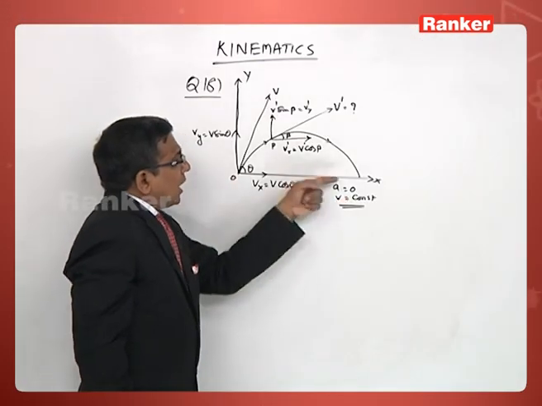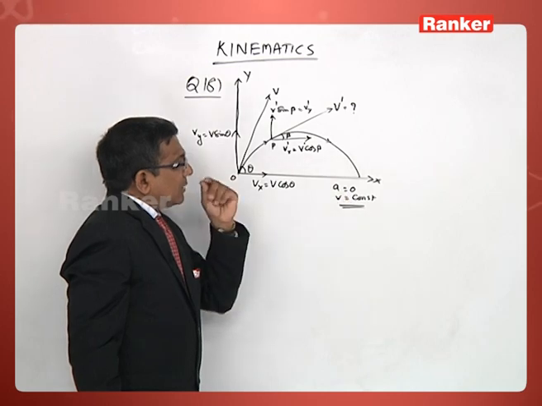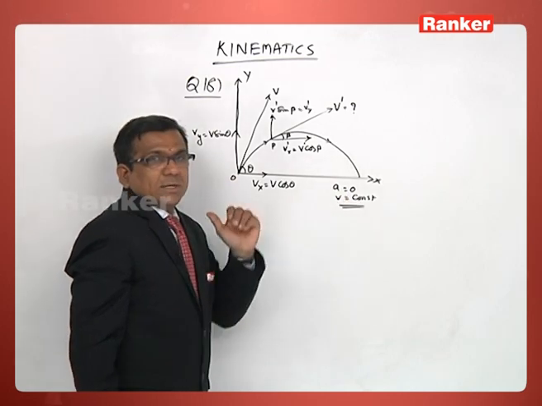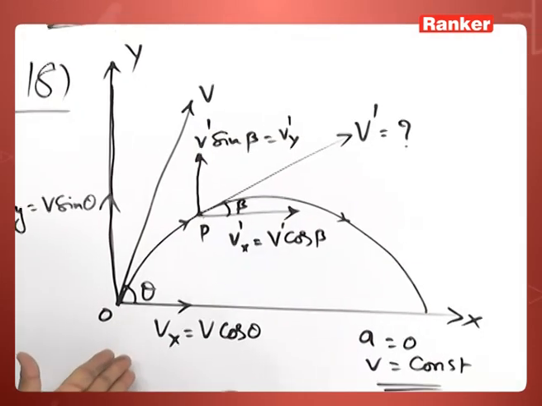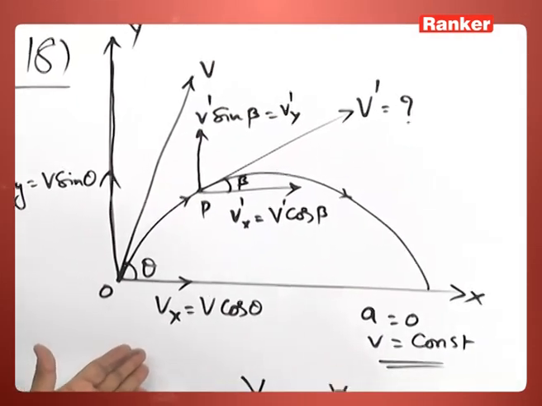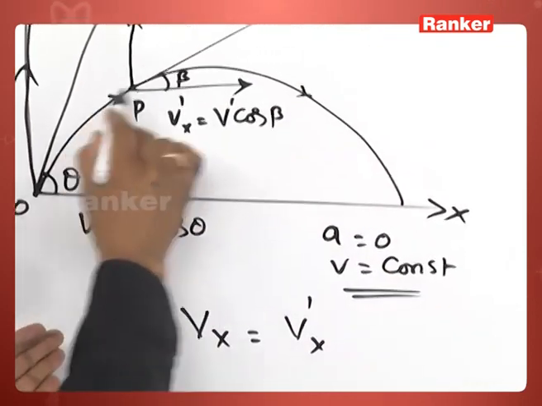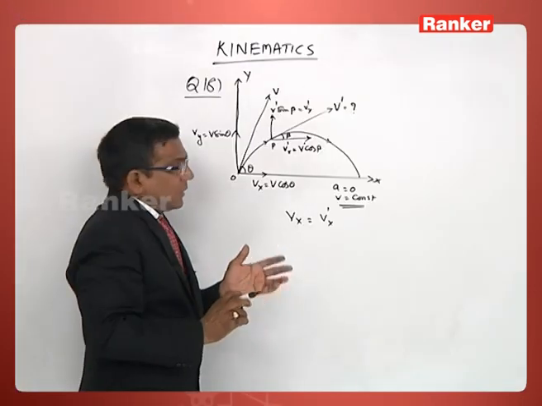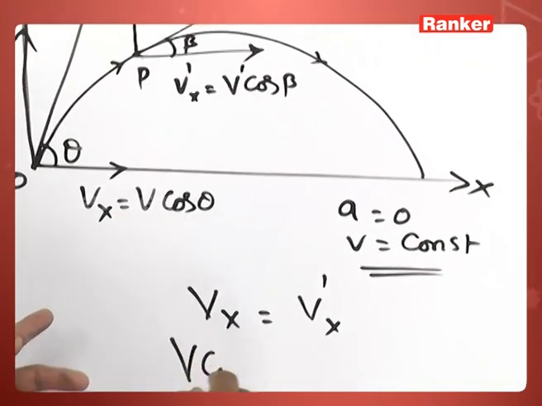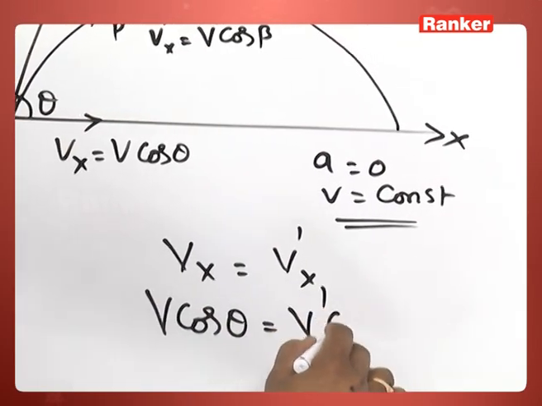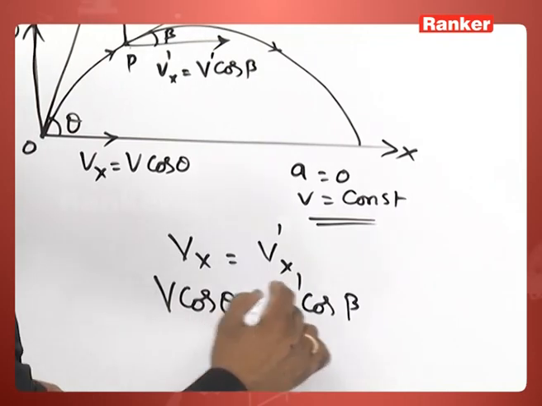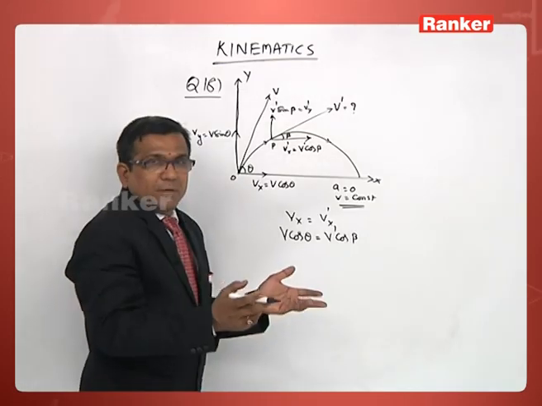But we know in the horizontal direction, as acceleration remains 0, velocity remains constant, because there is no force acting in this direction. So we can write Vx is equal to V prime x. These velocities are the same. So V cos theta is equal to V prime x, which in the horizontal direction is V prime cos beta. But we want to calculate V prime.